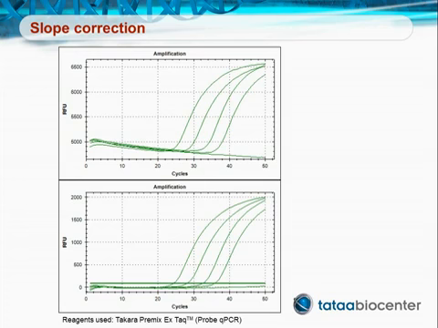This is to correct for the slope that is sometimes observed in the qPCR baseline, especially when using probe-based assays. It is, however, always important to inspect the baseline and especially the slope correction, so that these corrections have not introduced artifacts in the amplification curves.